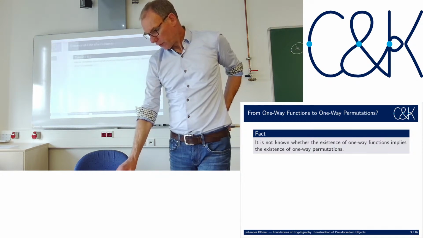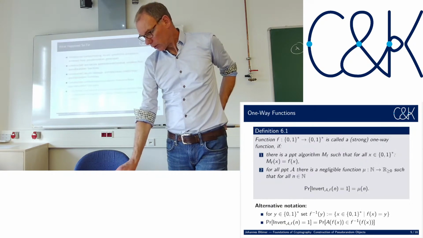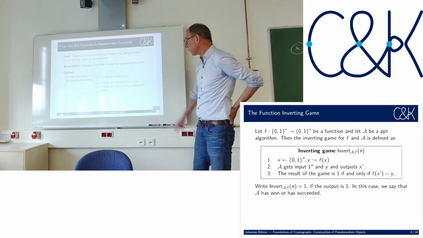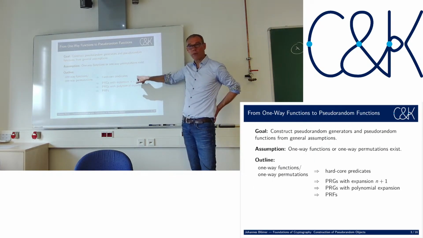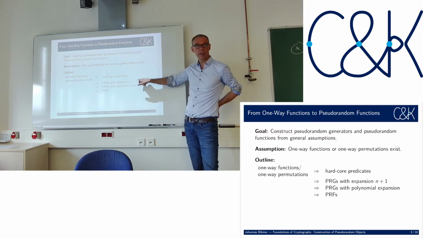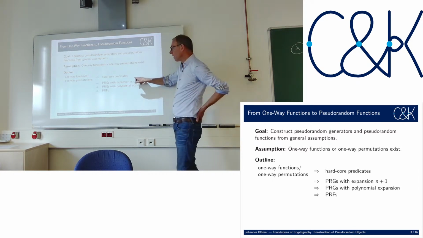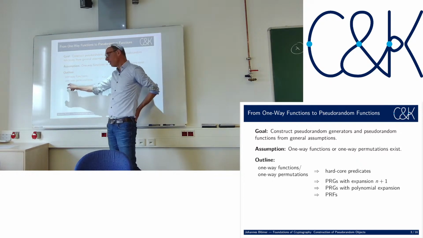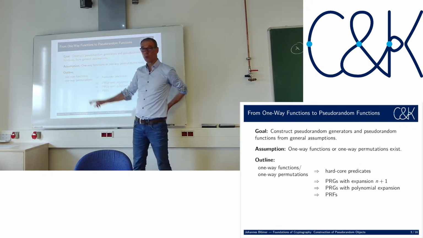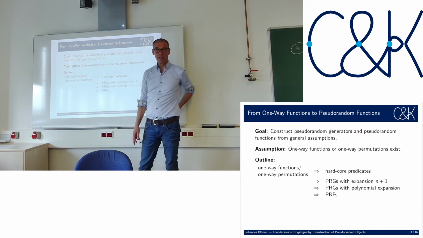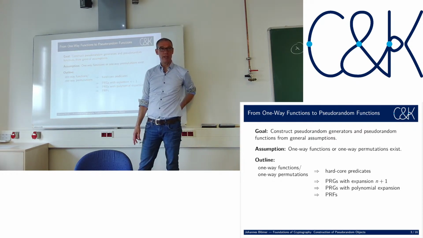Okay, and let me just briefly go back to the original thing here. This step here, going from one-way functions to PRGs with expansion n+1, is relatively easy if you work with one-way permutations. If you work with one-way functions, it becomes a 60-page proof.